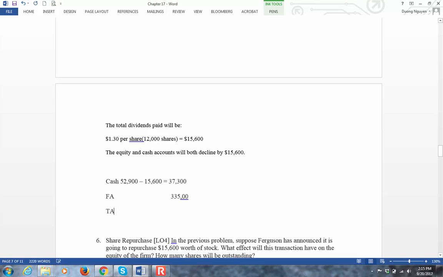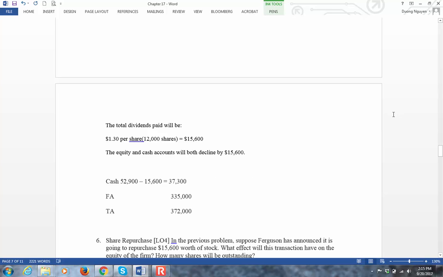So the total assets will be 335,000 plus 37,300, equal to 372,700. Okay, that is on the left hand side.